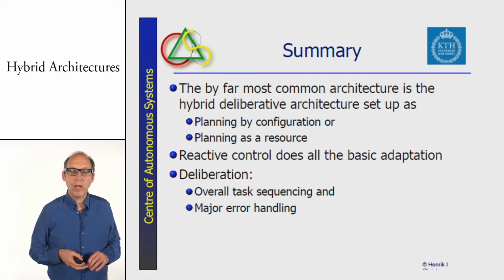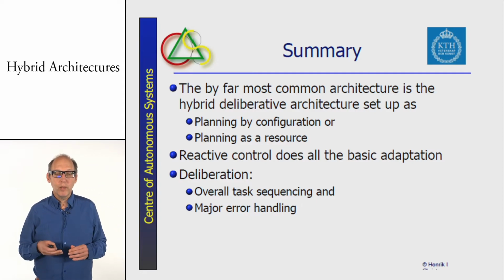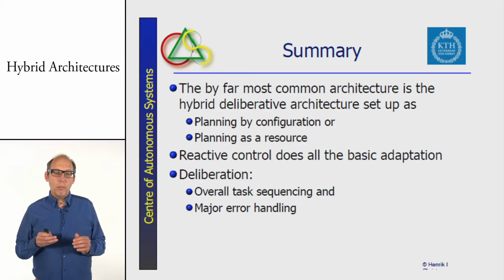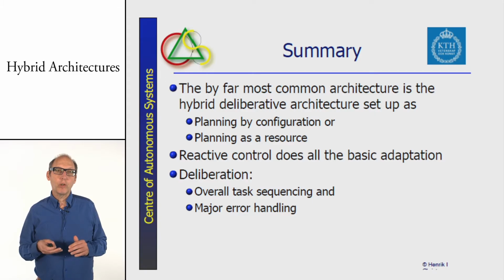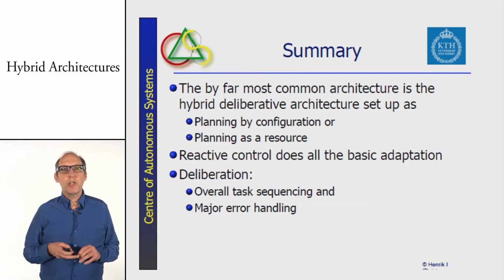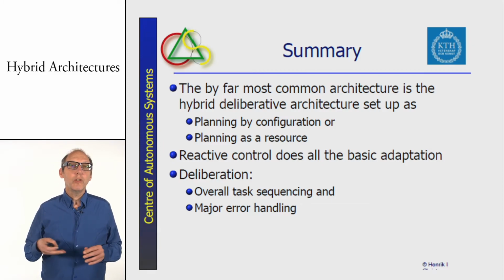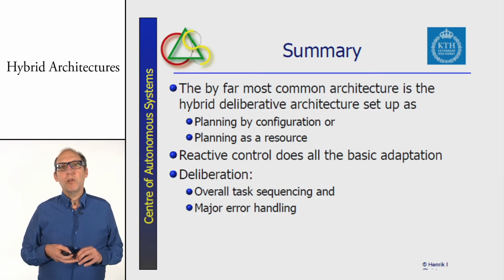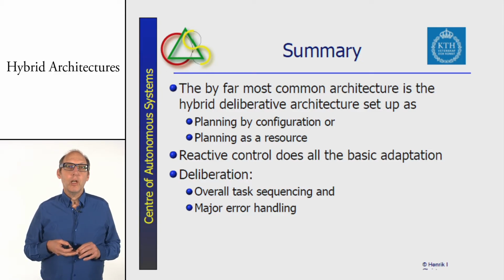But what I want to wrap up is that most of those architectures see planning as configuration, so what sort of robot schema to apply at that moment. On the other hand, they also see it as a resource, so as a virtual sensor. What is not demonstrated as much as we would like is that it's also the basis of adaptation.